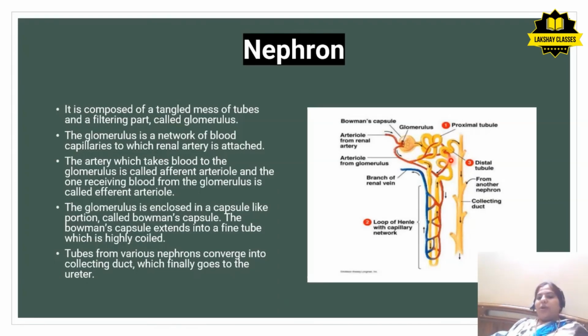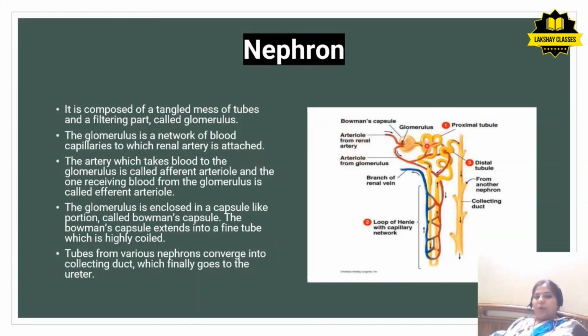So the nephron helps in the filtration of the blood, and in the removal of impure substances from the blood. The nephron is composed of a tangled mess of tubes and a filtering part called the glomerulus. The glomerulus is a network of blood capillaries to which the renal artery is attached.